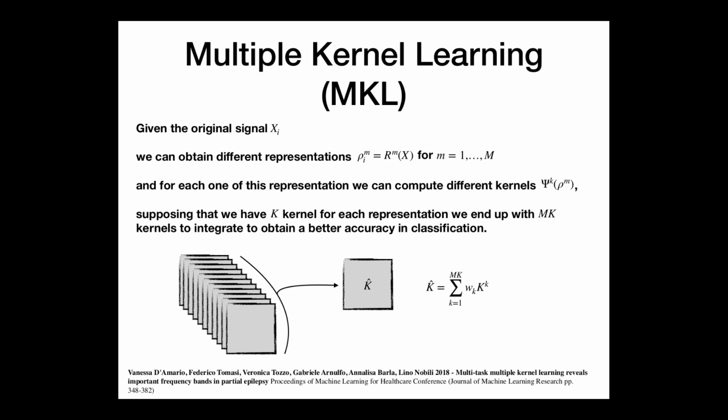And this is nice because if you impose some regularization on the W's, like L1 norm, typically, the method automatically tells you which are the kernels, and going backwards, the representation that is more meaningful for your task, for your classification task or learning task. And from that, you can say, fixing this representation, I can do something else, like pattern detection and these kinds of things. So this may be useful.